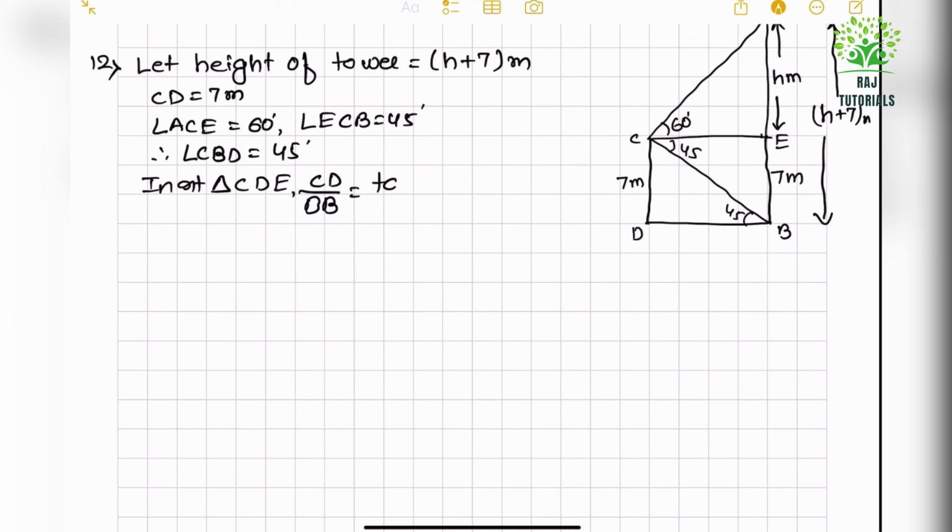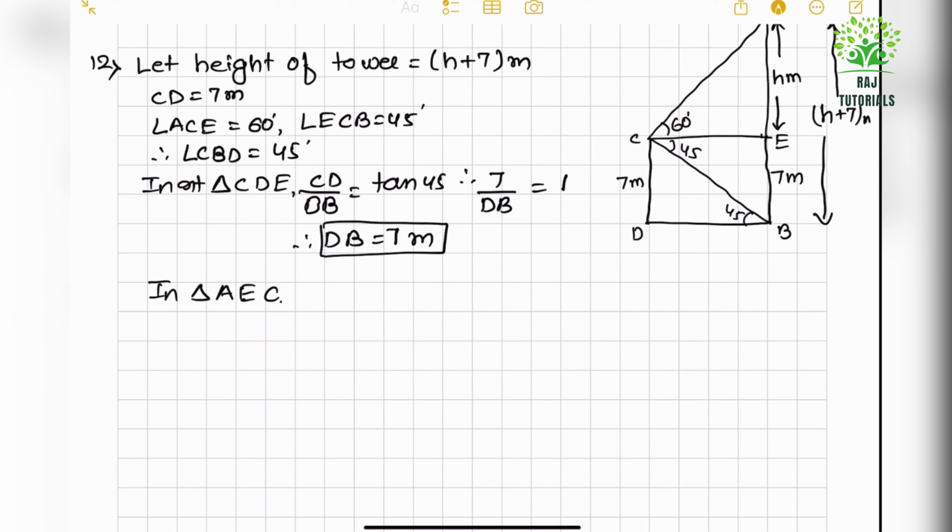Now if I start solution, in right triangle CDE, CD upon DB equal to tan 45. So therefore 7 upon DB equal to 1. So DB will be 7 meter.